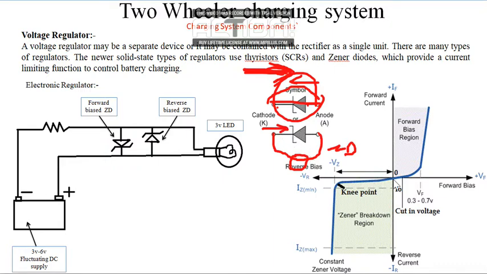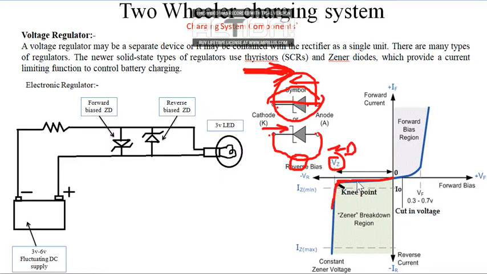So for some values of voltage, the current flow is very negligible, not flowing at all, or we can say it is close to zero. Whenever the voltage applied across these two ends of the Zener diode, this point and this point, reaches your Zener voltage, that is Vz, that time it is allowed to flow current.